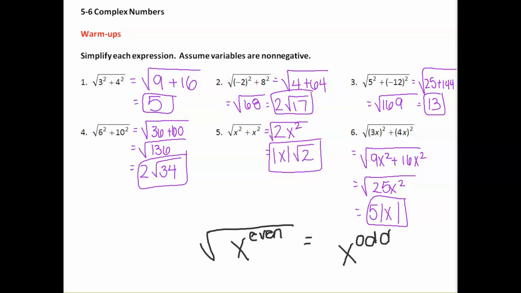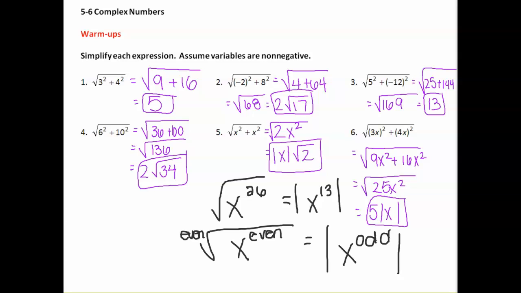So if the inside is even, and this is also even, and we'll talk a lot more about that in chapter 6, and your answer becomes odd, then you need absolute values. So let's say x to the 26th. The square root of x to the 26 becomes x to the 13. 13 is odd, 26 was even. I need absolute values.